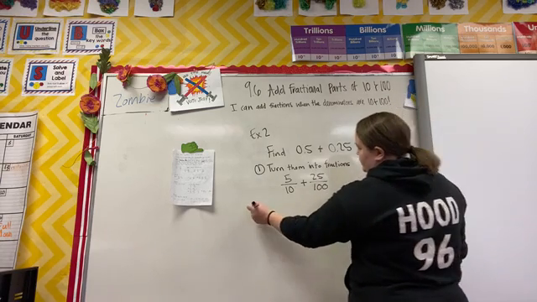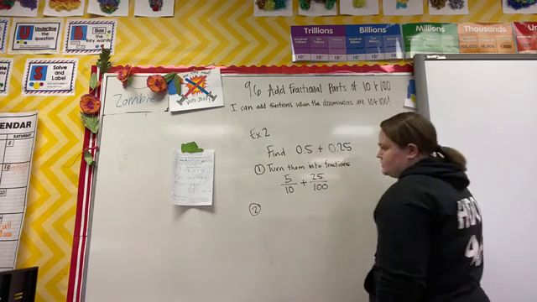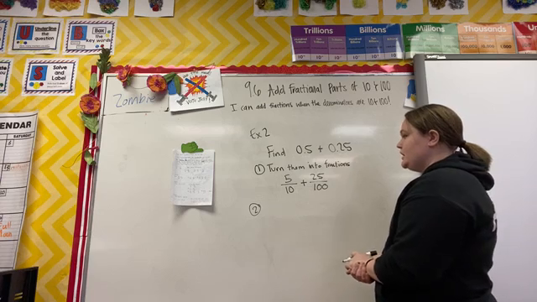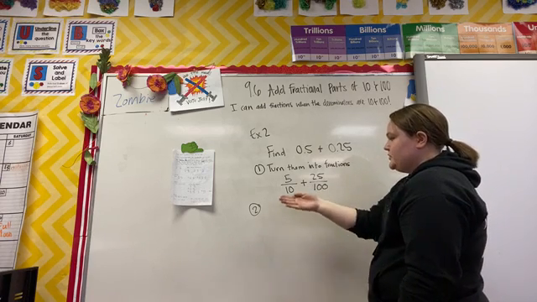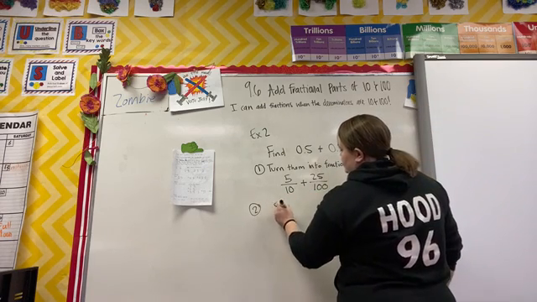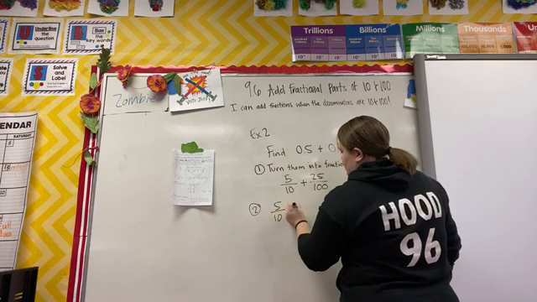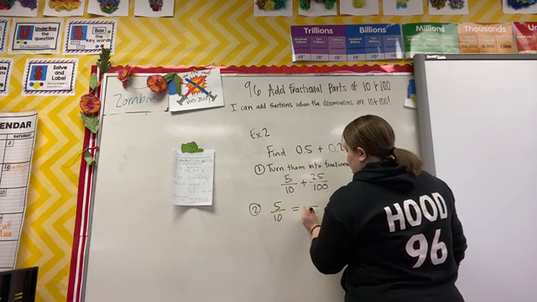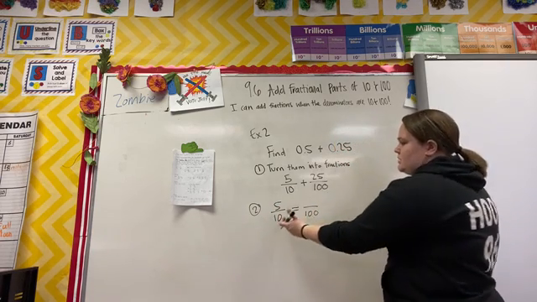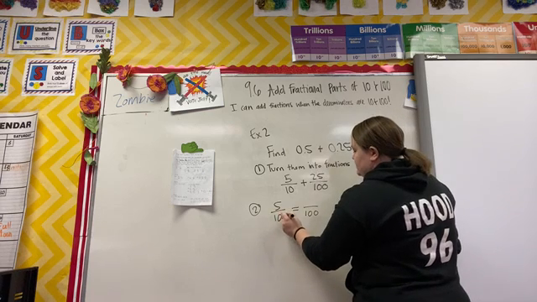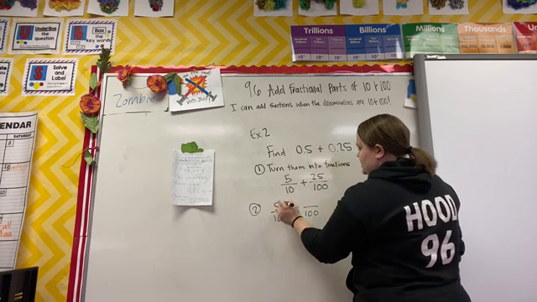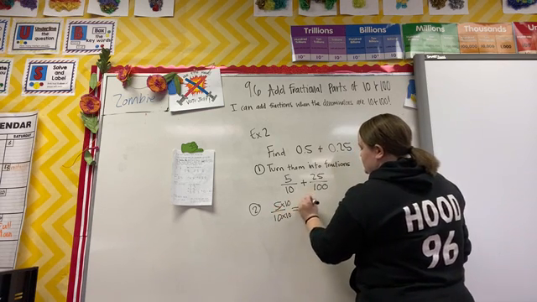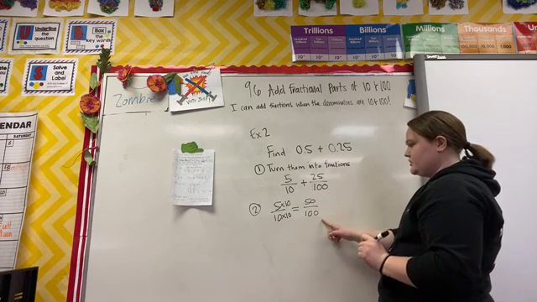Step number 2 is to get them with the same denominator. 100. So I need to make 5/10 equal to something over 100. Smaller to bigger, times by 10. 5 times 10 is 50. 50 hundredths.